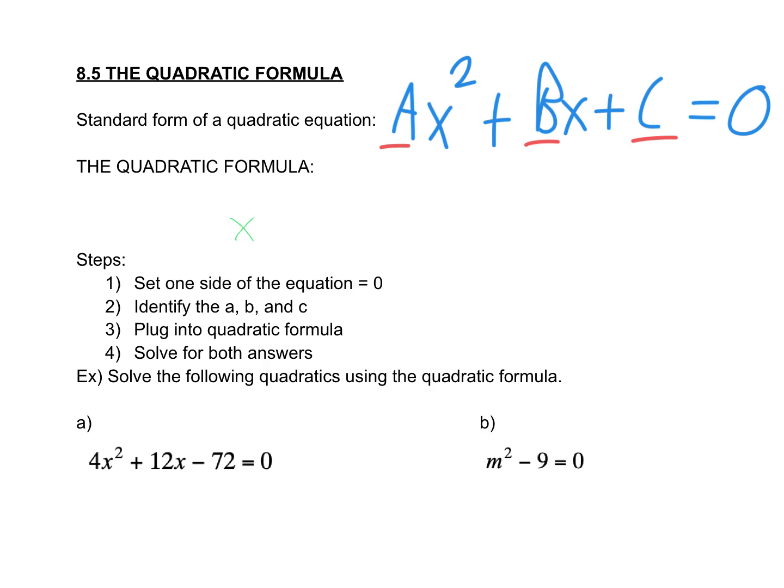So once you solve it for x, it looks something like this. Negative b plus or minus the square root of b squared minus 4 times a times c, all divided by 2 times a.